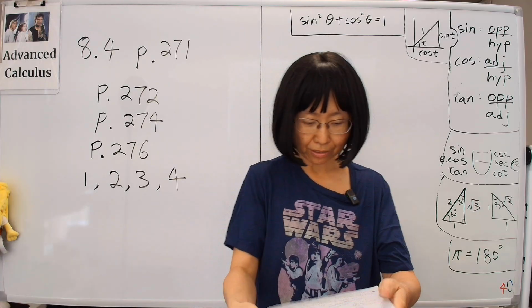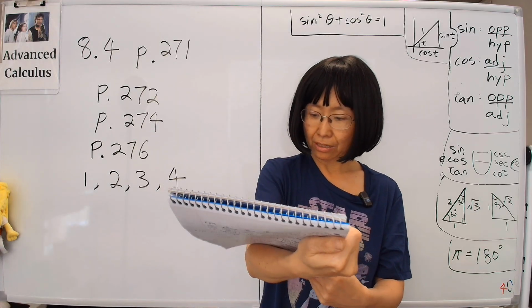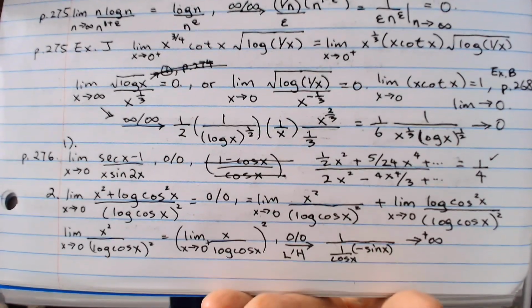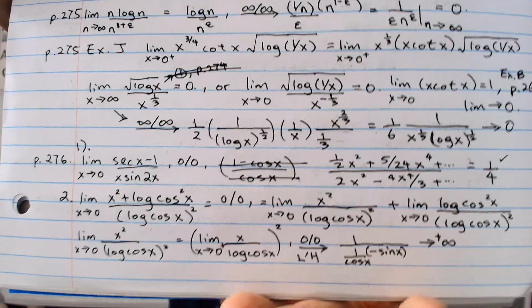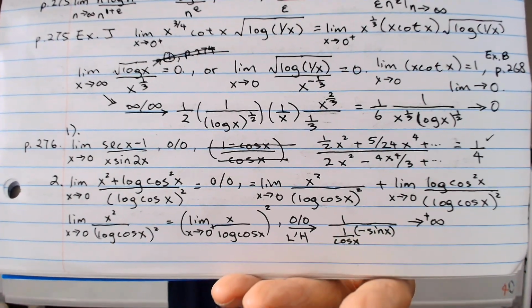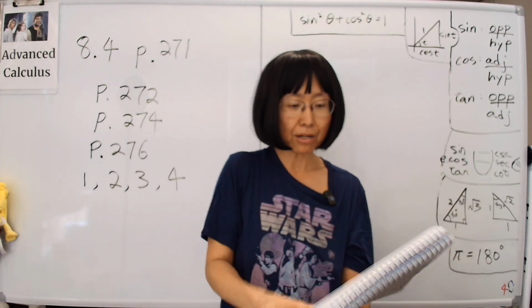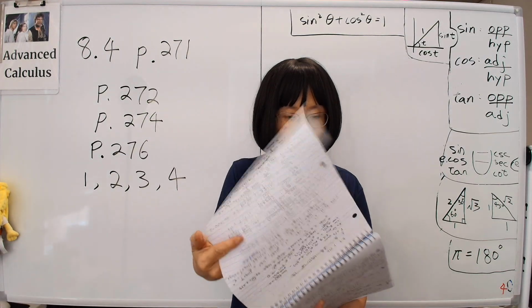So first, let's look at problems 1, 2, 3, and 4. I don't think I had any trouble doing that. It's just a matter of plugging in the Taylor expansion, and things worked out very nicely. This is problem 1 and 2, for your reference.